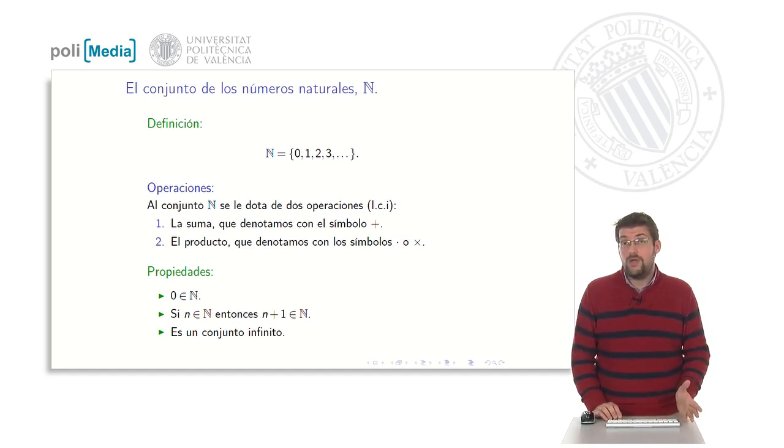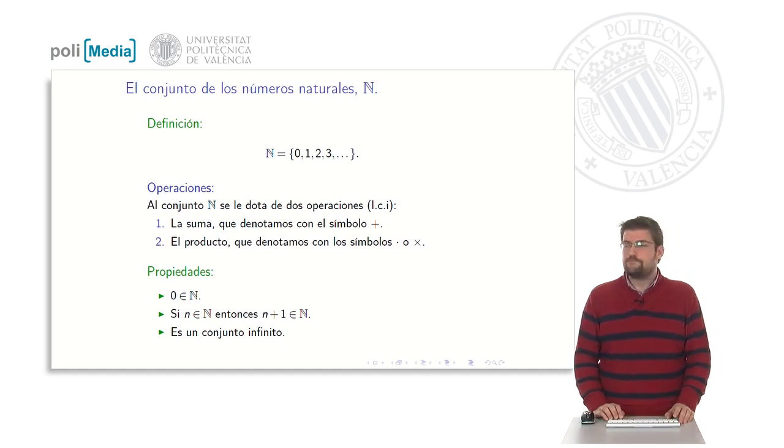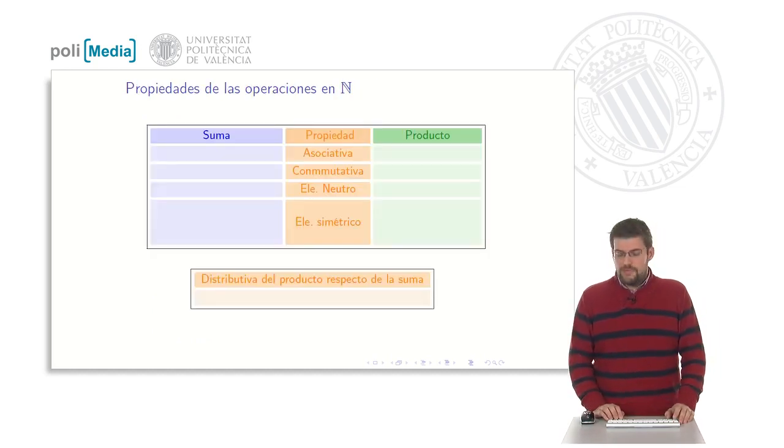Specifically, from the second condition, which is non-emptiness, it is deduced that the set is infinite. The fundamental properties of the set of natural numbers are listed in this table: the associative property, the commutative property, the existence of a neutral element, and the distributive property of multiplication with respect to addition.